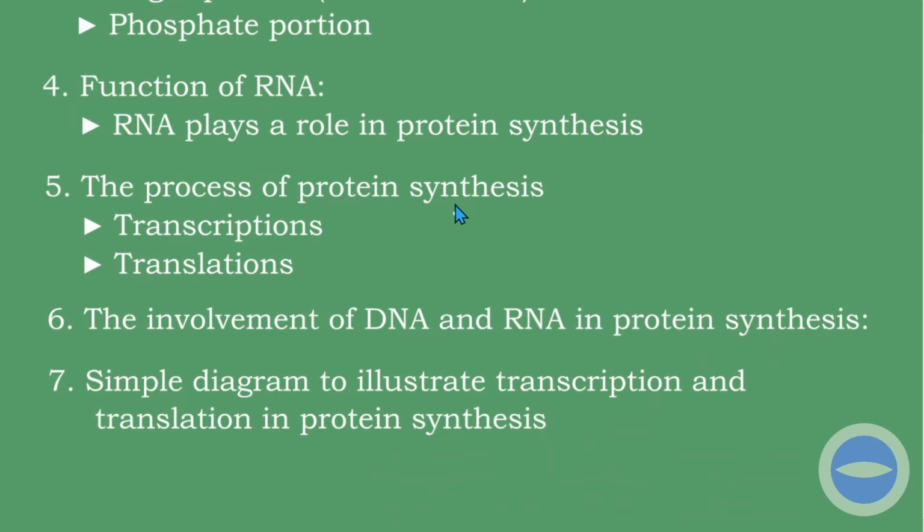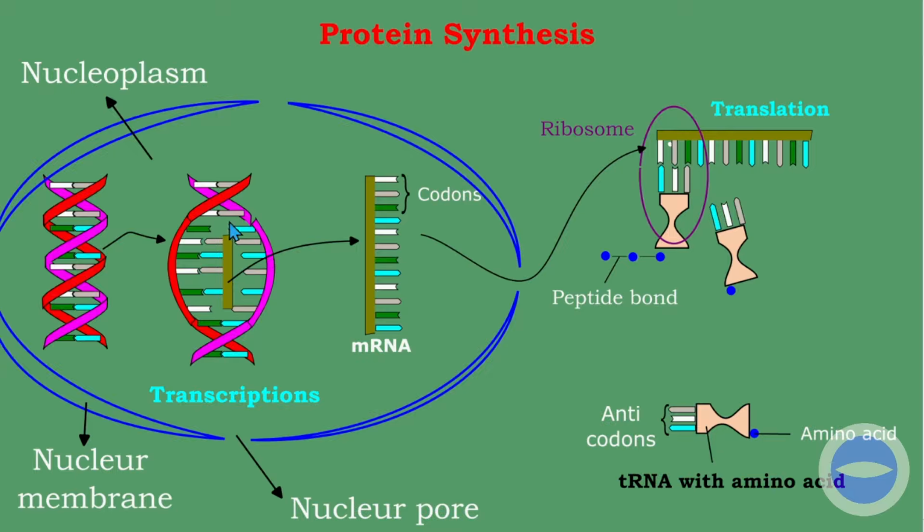Protein synthesis, like I said, is the formation of protein. So protein synthesis is divided into 2 phases. We've got transcription, which takes place in the nucleus, and then we've got translation. Translation takes place in the cytoplasm. So to show you the example, when the mRNA takes the information from the DNA, that process is called transcription. It's a process that you must be able to explain.